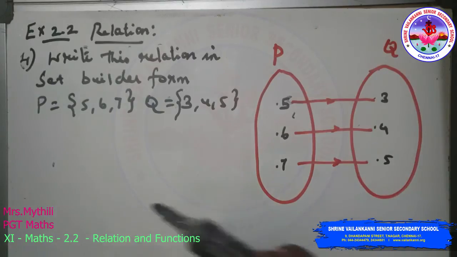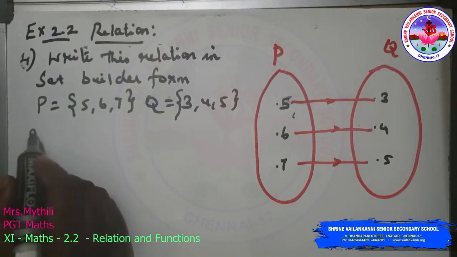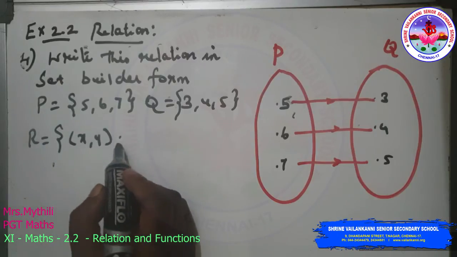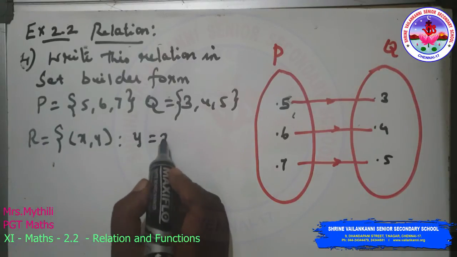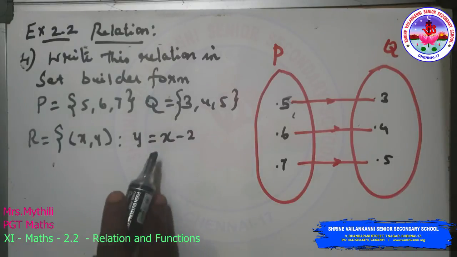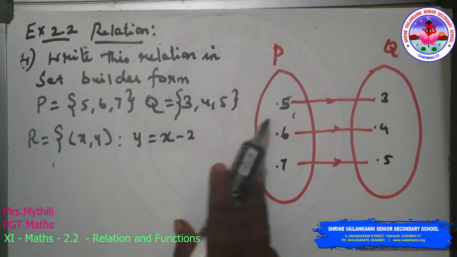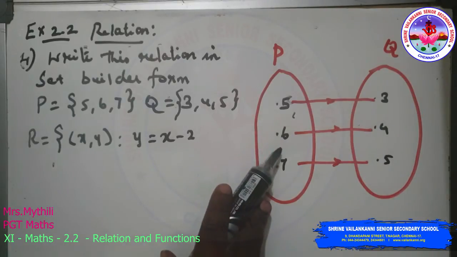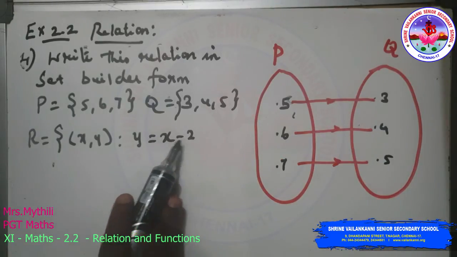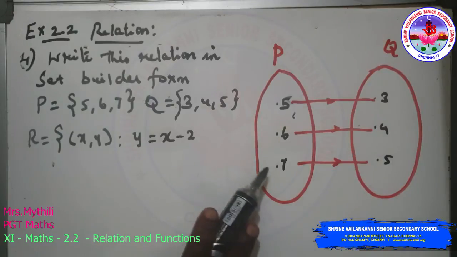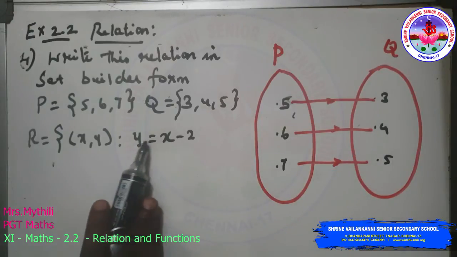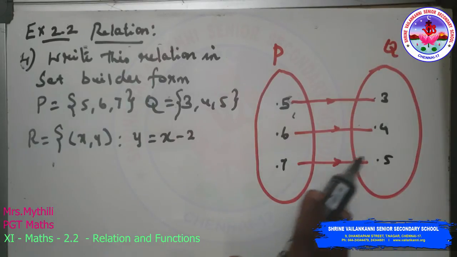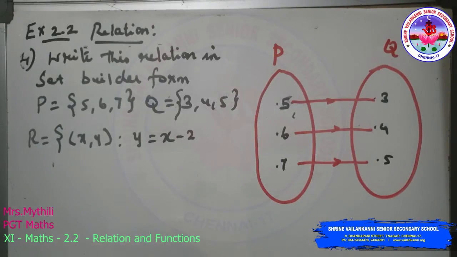So we can write the relation in set builder form as the ordered pair (x, y) such that y = x minus 2. When x takes the value 5, y = 5 minus 2 = 3. When x takes the value 6, y = 6 minus 2 = 4. When x takes the value 7, y = 7 minus 2 = 5. So (5,3), (6,4) and (7,5).